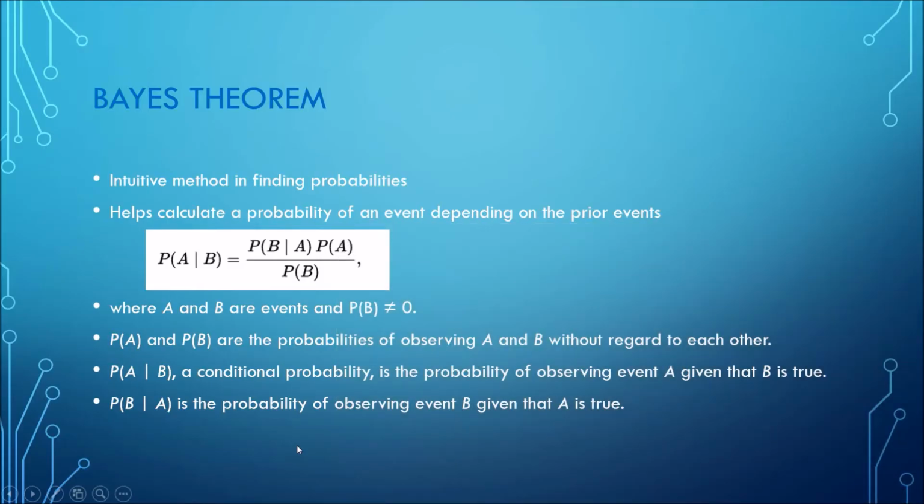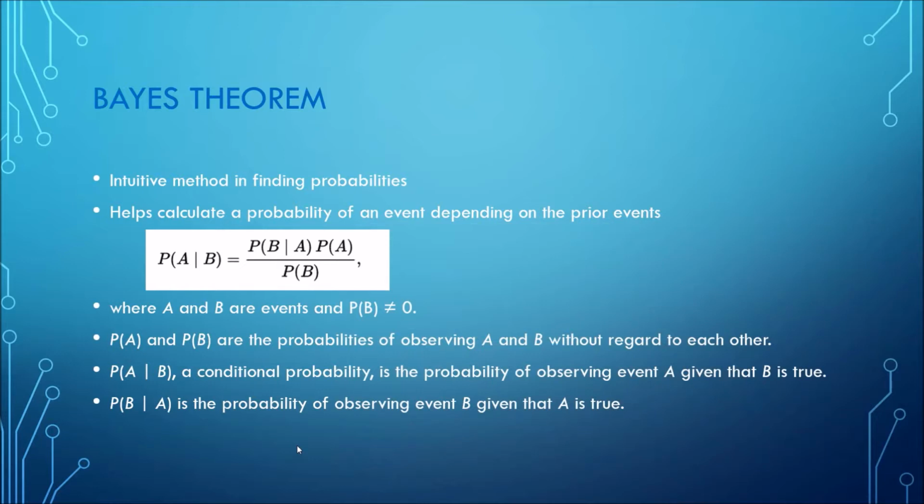As part of the Naive Bayes implementation, Bayes theorem stands as the backbone of the Naive Bayes algorithm. So let's get into what exactly Bayes theorem is. Bayes theorem is an intuitive method of finding probabilities, which can be helpful in designing a classifier through the Naive Bayes algorithm.